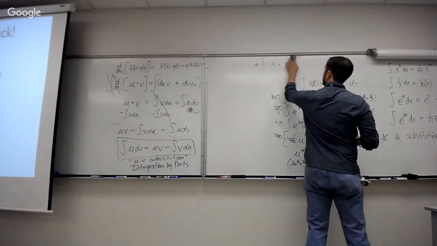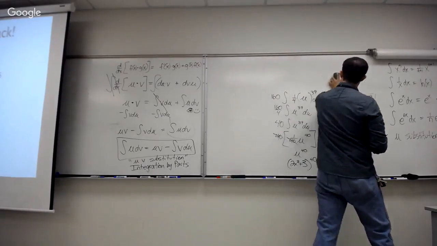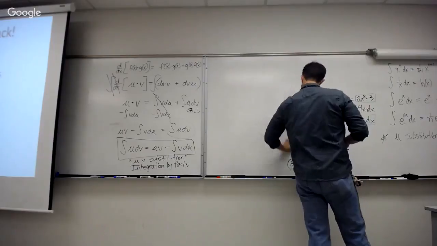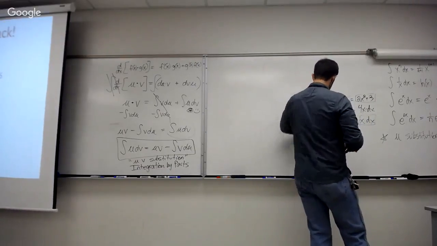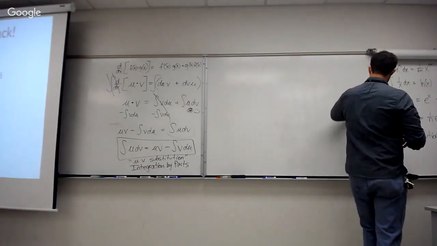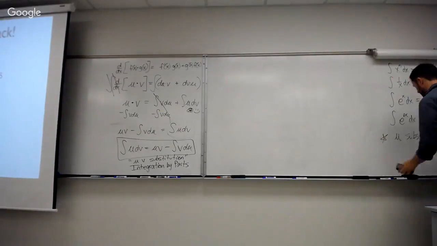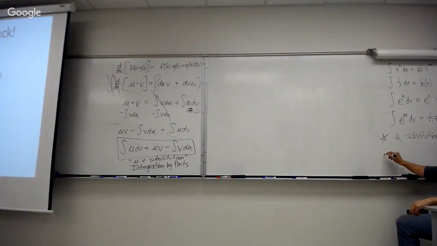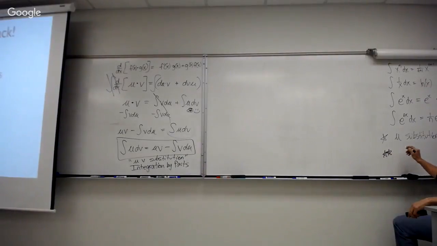And in fact, it's our last formula. We only have a couple more sections of chapter 3. And this now concludes the different types of strategies we have. So our last strategy is called integration by parts.